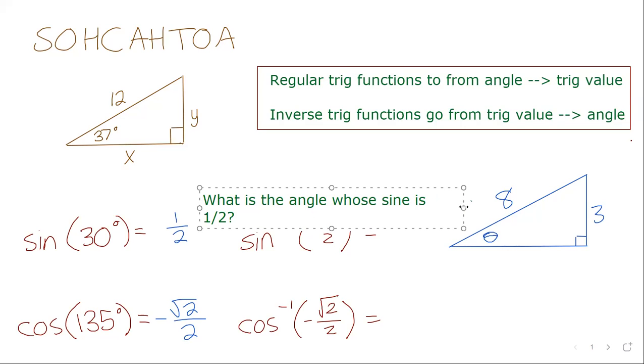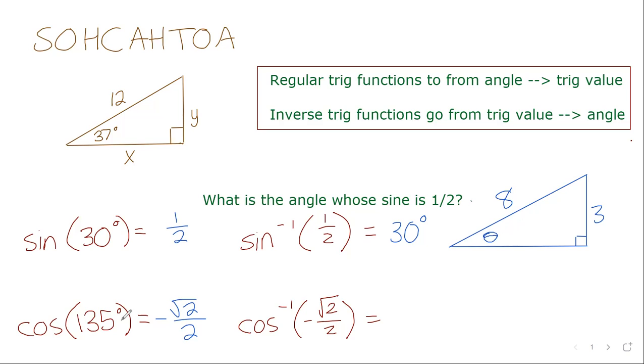There's a reason I had these two questions on the left. The angle whose sine is 1/2, that's 30 degrees, and we can do it in radians and say pi/6. Similarly, inverse cosine of negative √2/2 is asking what angle has a cosine of negative √2/2.